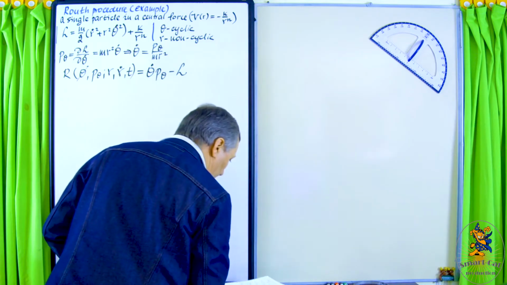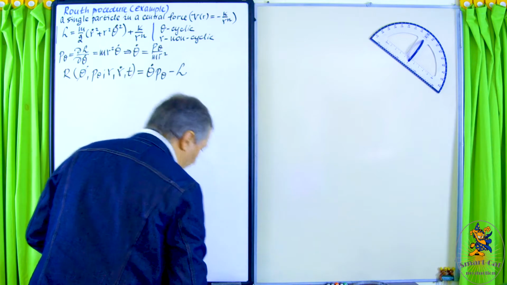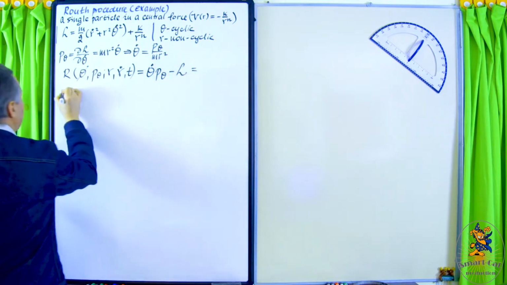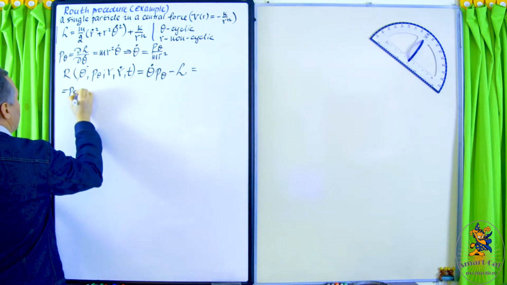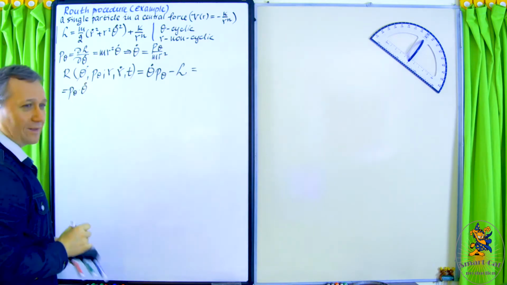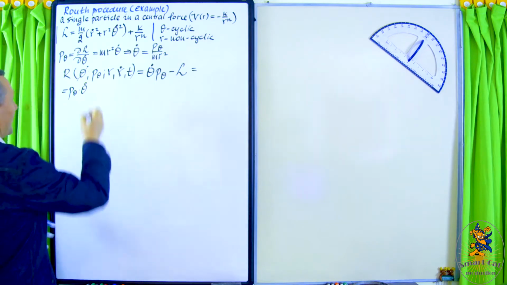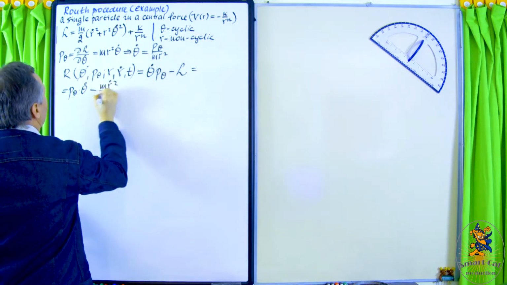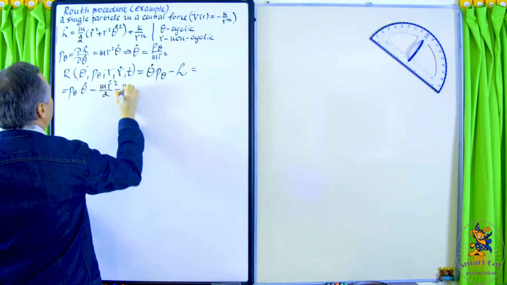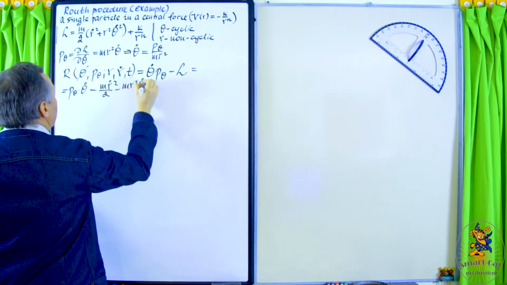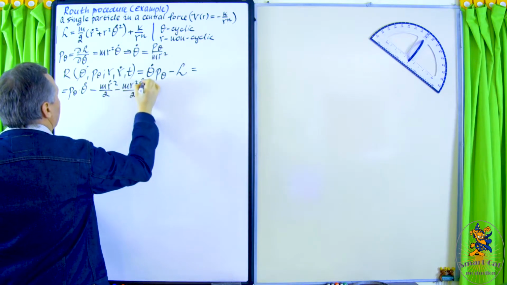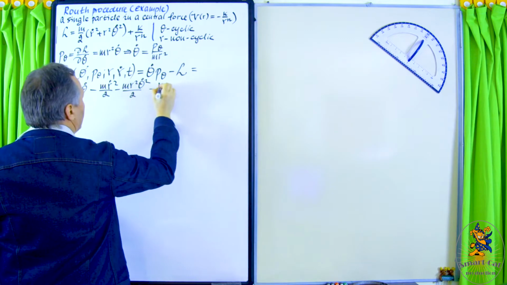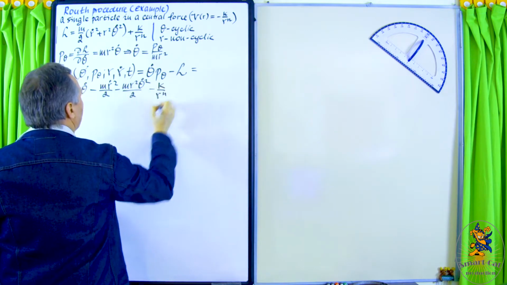Let me check. Yes, that's correct. Now let's write it down explicitly. It will be p theta theta dot, and then minus m r dot squared over 2, minus m r squared theta dot squared over 2, minus the potential energy k r to the power of n.